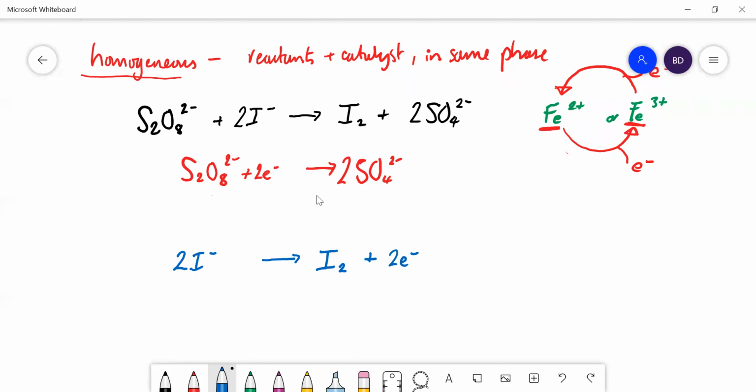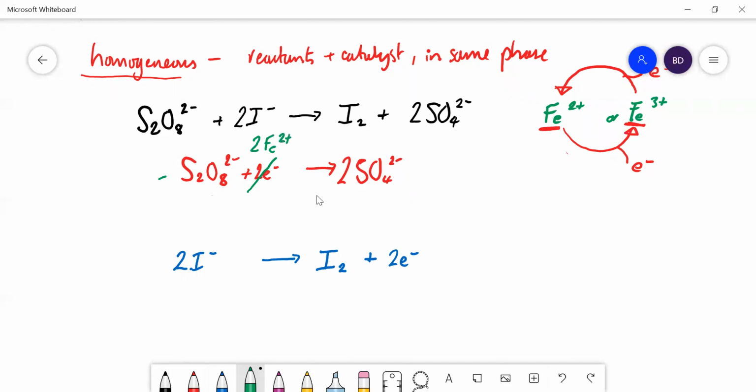Now let's have a look at this one here. We're gaining 2 electrons. Now let's get rid of those electrons and cross them out. Instead of electrons, let's say they are being provided by Fe2+. Each Fe2+ can give an electron away, so we've got 2 Fe2+ there.